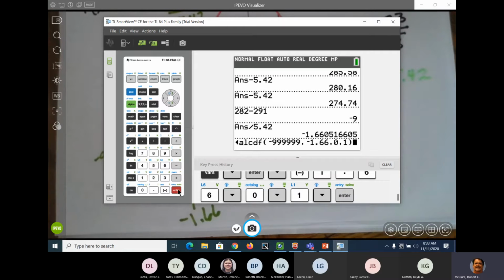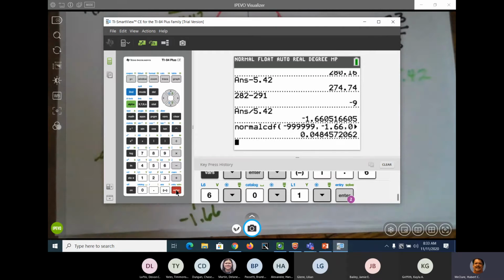And I said it was going to be around 2.6, or let's see, it's around 4.84. I thought it would be less than that, more than that. Oh well. Okay, so the answer is 0.0485.